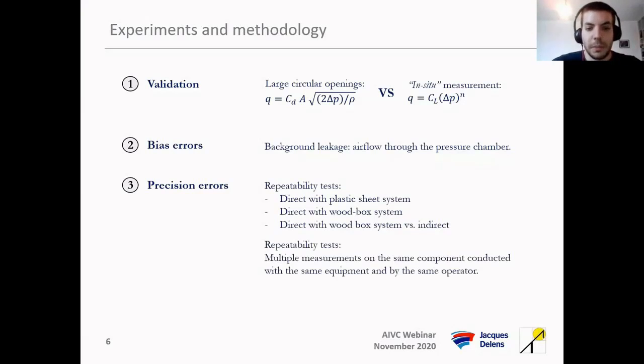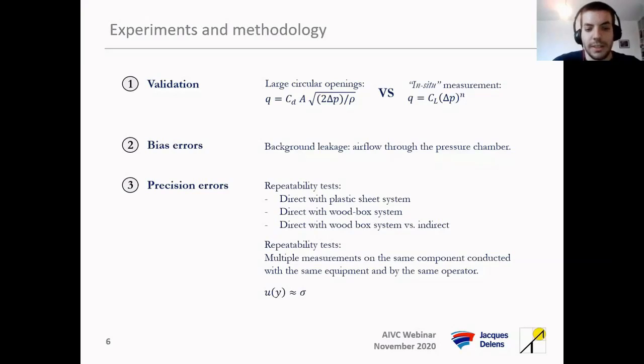So what is a repeatability test? A repeatability test is simply conducting multiple measurements on the same component using the same equipment, and the test is conducted by the same operator. And under those conditions, the uncertainty of the method is assumed equal to the standard deviation of the tests performed.